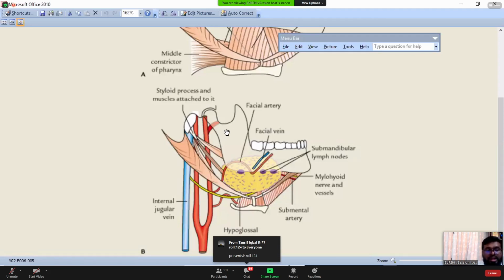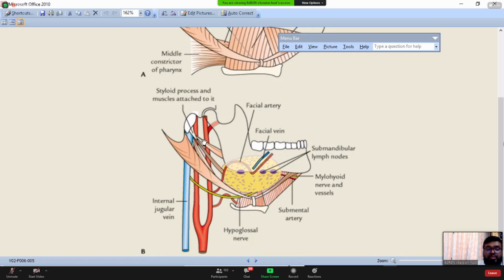And structures passing between the external carotid artery and internal carotid artery. What are the structures that pass between them? This one is the internal and this is the external. Can anyone tell me? Okay, I'm telling you.